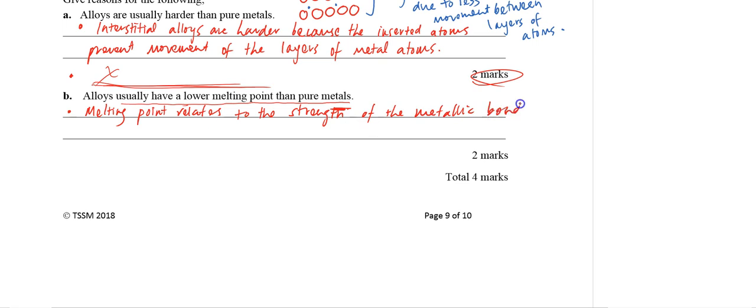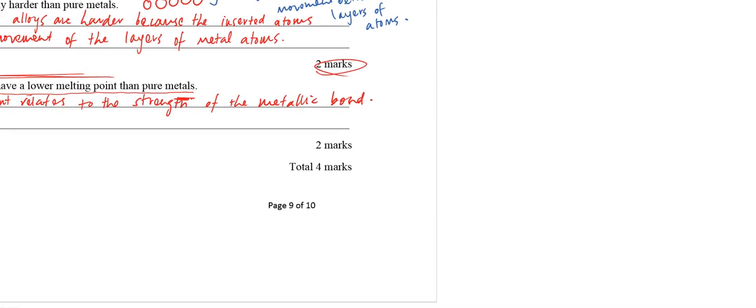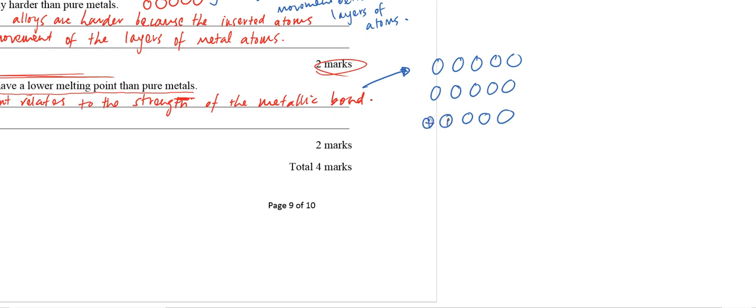Just going over quickly the idea of the metallic bond, okay? The metallic bond is the strength of the bond between the metal cations and the sea of electrons.